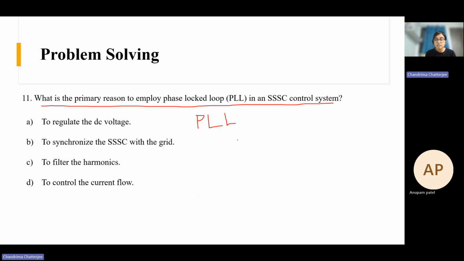So PLL basically gives output the phase angle, okay, phase angle of the voltage. So it gives us theta, and with the help of PLL we can synchronize with the grid. That is the function of PLL. So the correct option is to synchronize the SSSC with the grid. I hope you know about PLL.